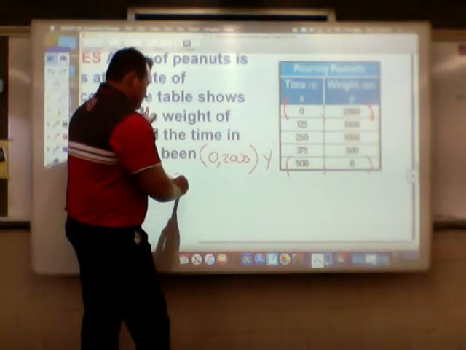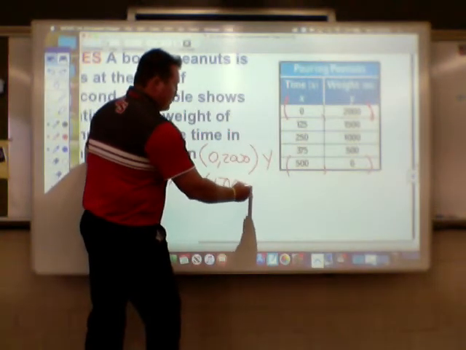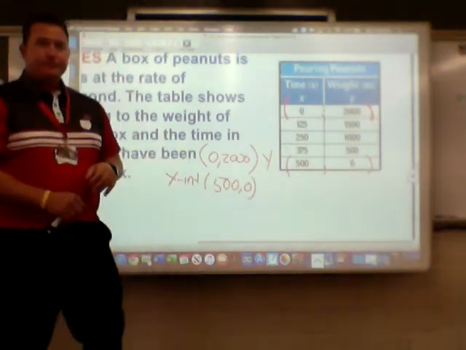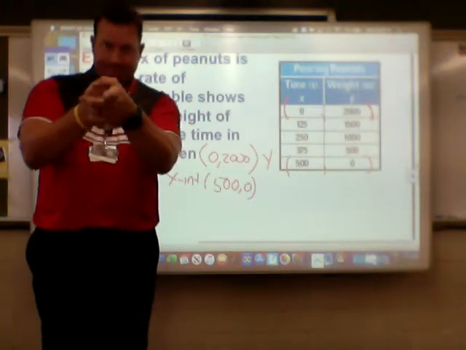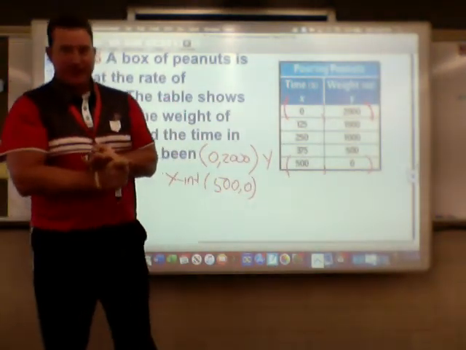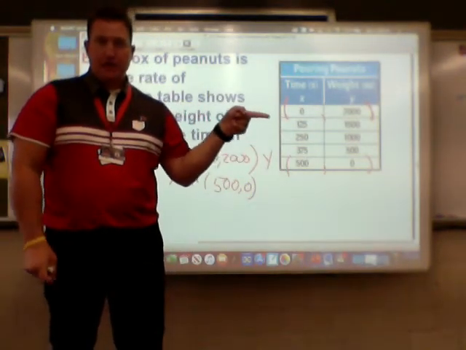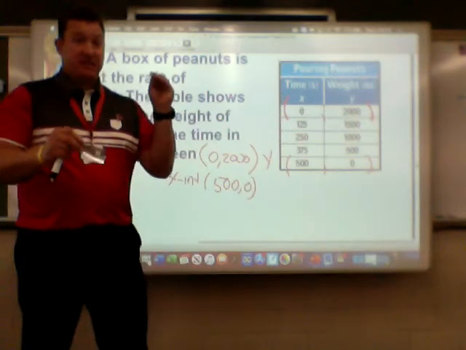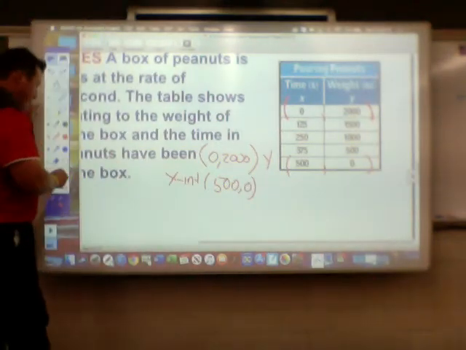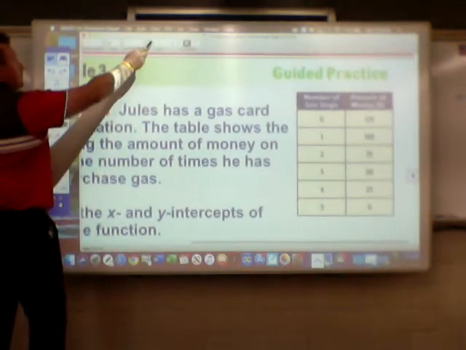So here's my X-intercept at this 500, comma, 0. Good so far. So we should be able to find intercepts from a table, like from a graph. That's the easier version. Either way, I should be good.